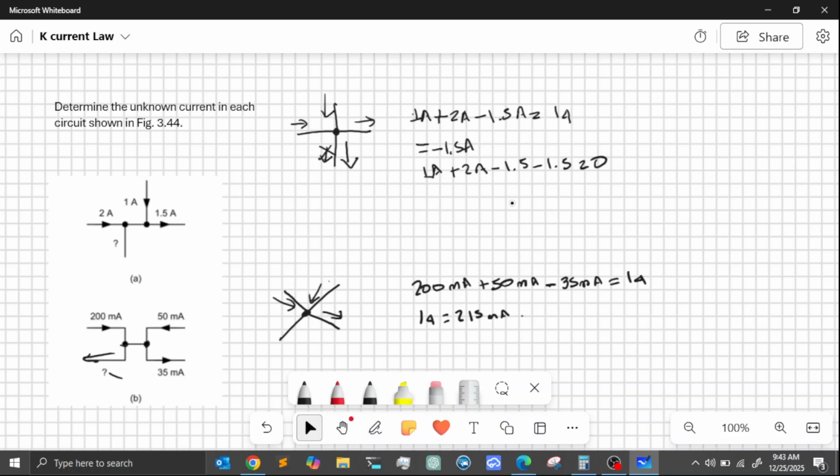Let's go ahead and do a couple of exercises for Kirchhoff voltage law.